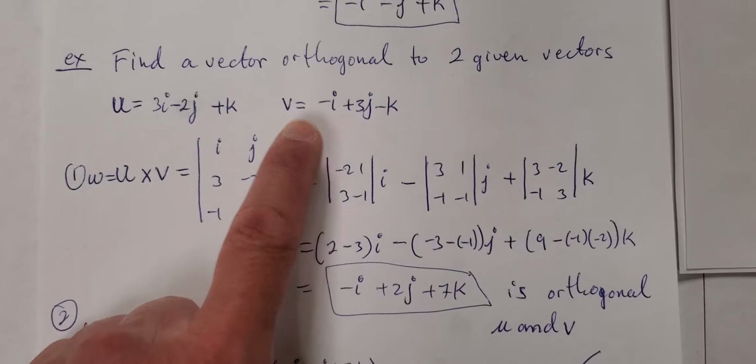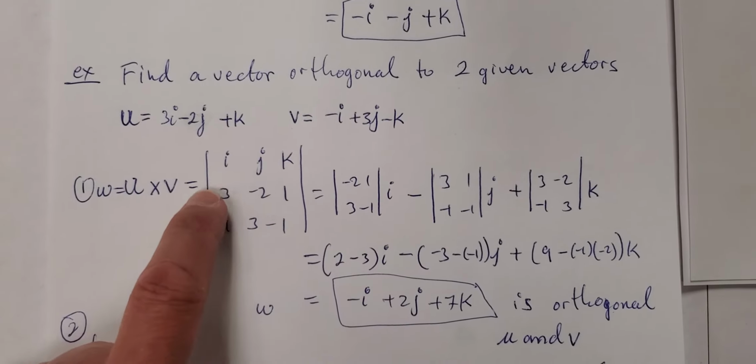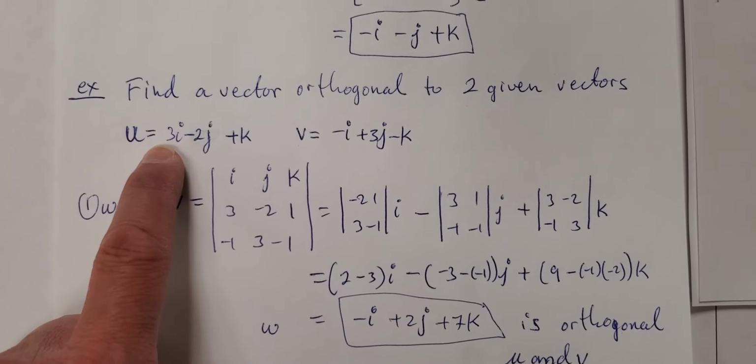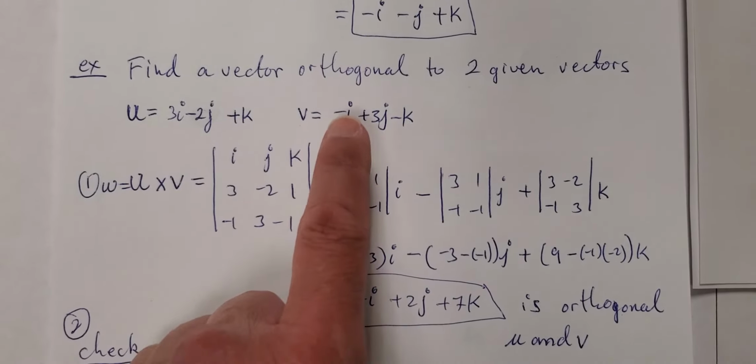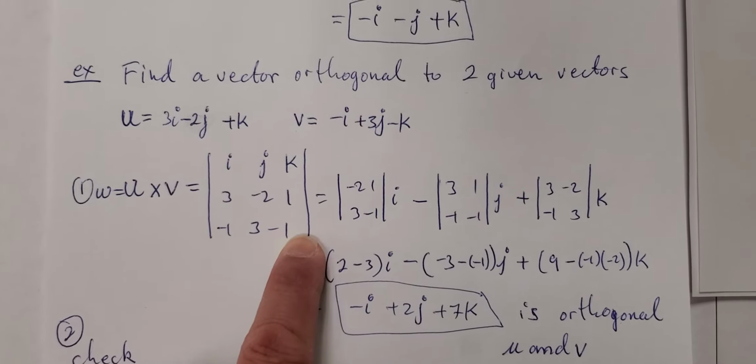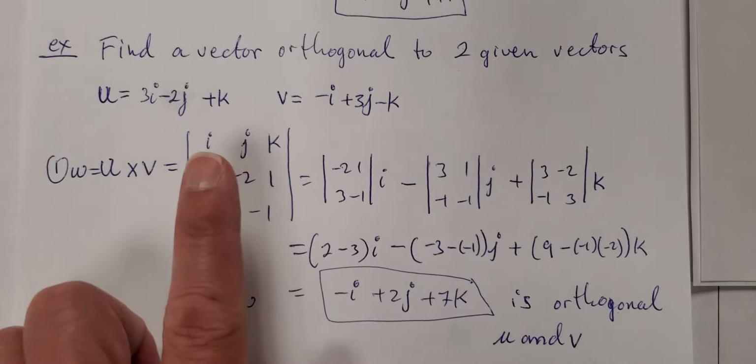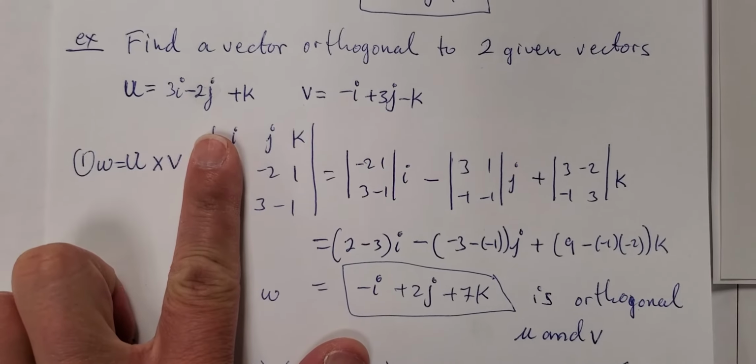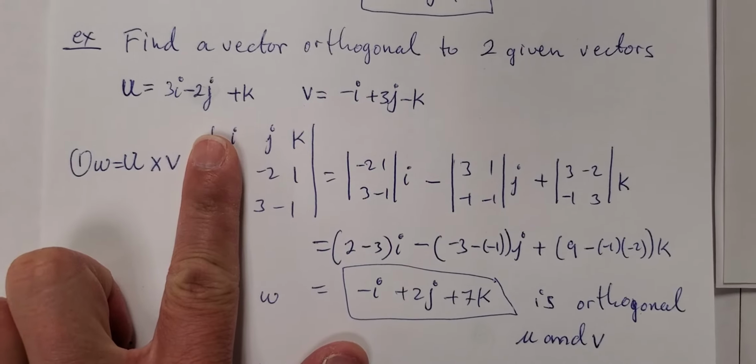Same thing again: i, j, k, vector U right here, vector V right here. Find i by blocking out i, so you have negative 2, 3, 1, negative 1.